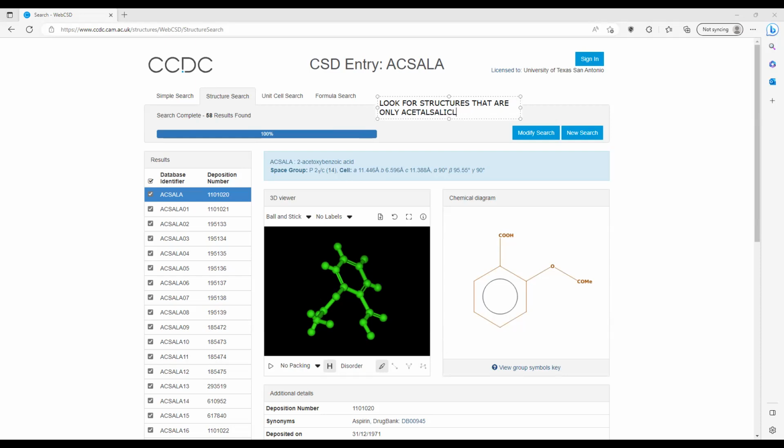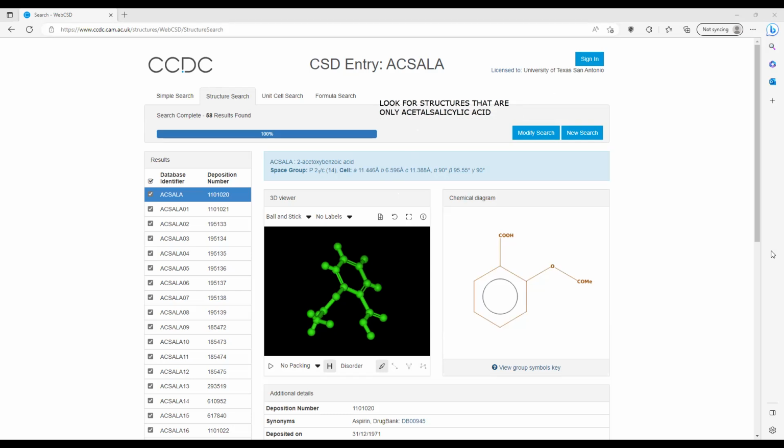I didn't spell that right. Give me 1 second. My bad. Acetylsalicylic acid. This is important. We're only looking for those structures that are acetylsalicylic acid.